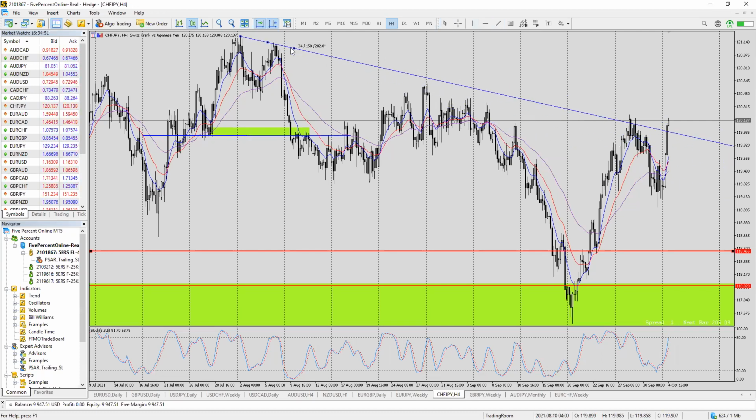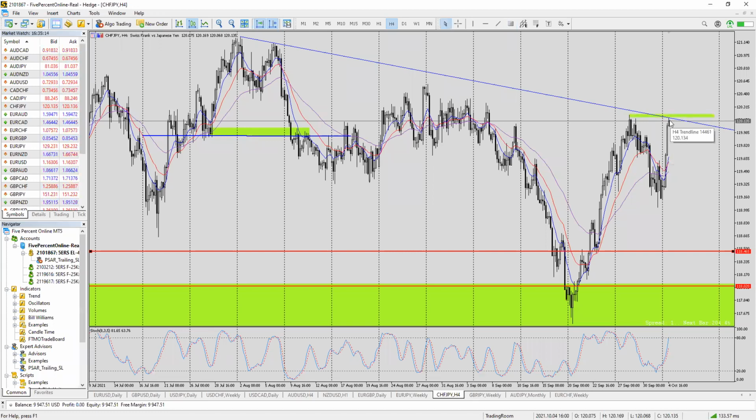Let's see. Okay, so, well, it looks like it's testing right now this trend line, but anywhere here, if it breaks out, well, you should always be careful because there are lots of supplies around here. But this is the more immediate zone.